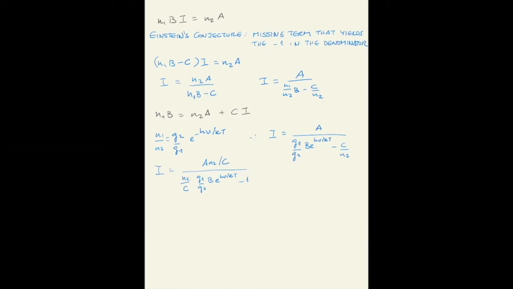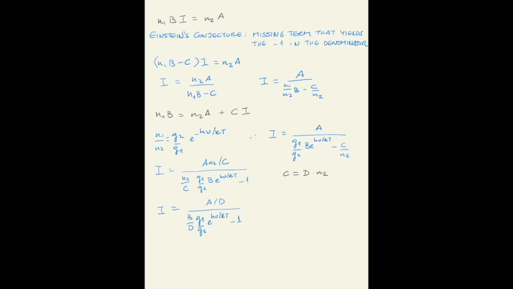Let's substitute c is equal to d times n2, where we just define a d. So the intensity then in terms of d is a over d over b over d, g1 over g2, exponential of h nu over kT minus 1.